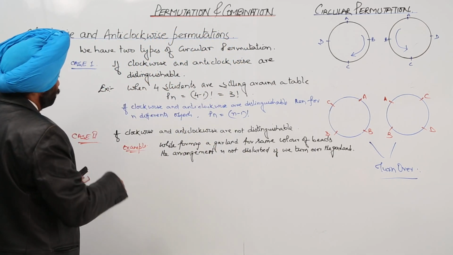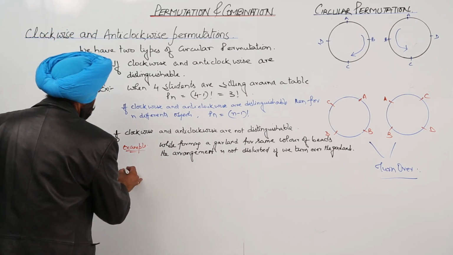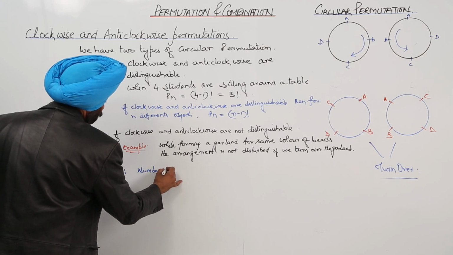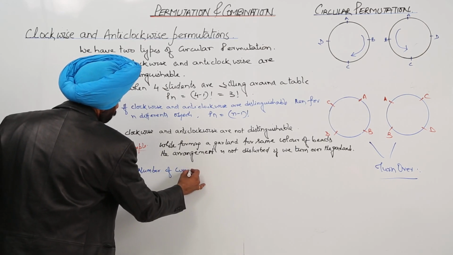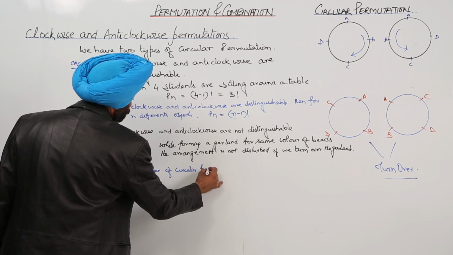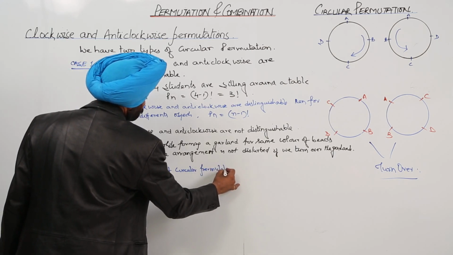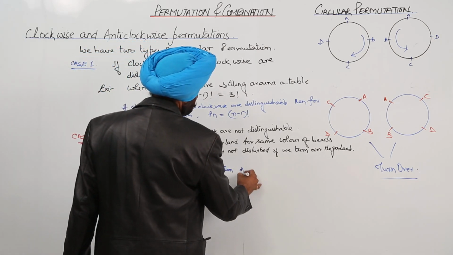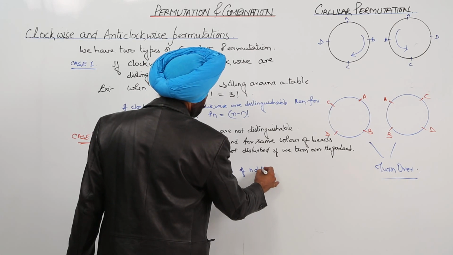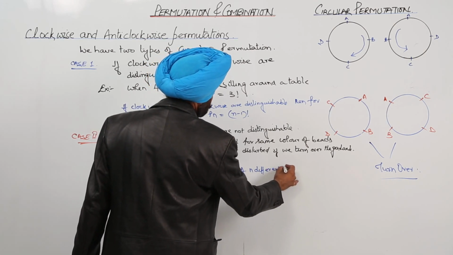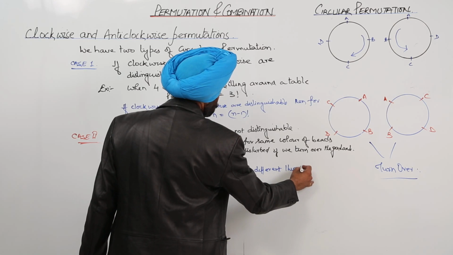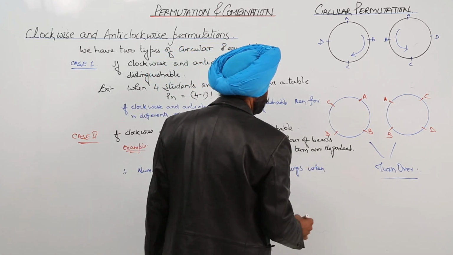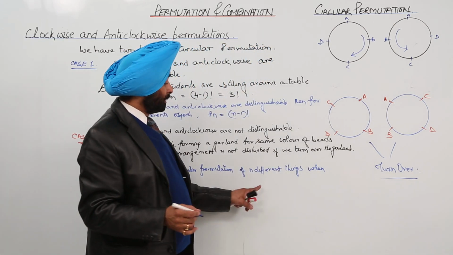So, for that what we are having? We are having a formula for it now. Number of circular permutations, or you can write it arrangements also, okay, of n different things when, now here I have written for n different things.